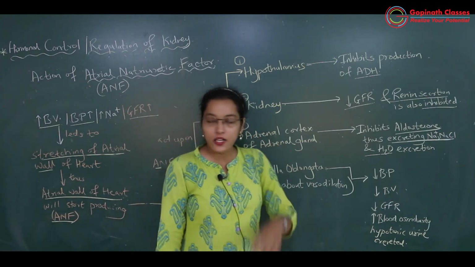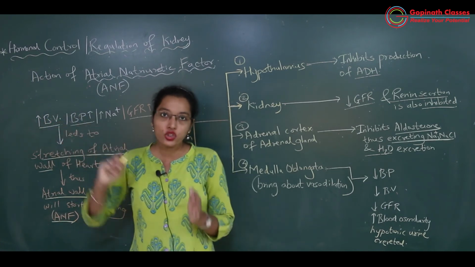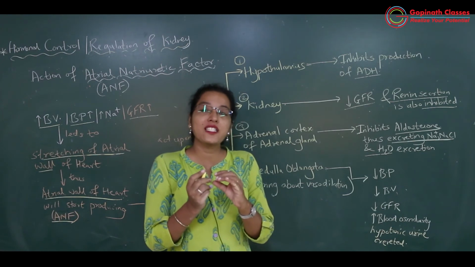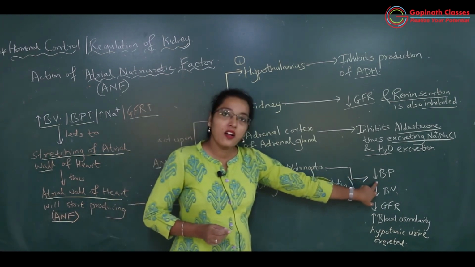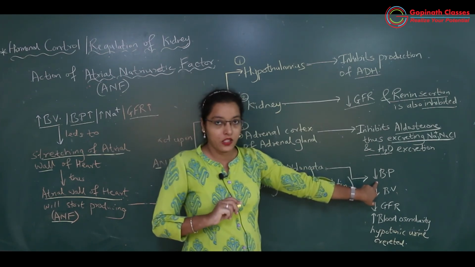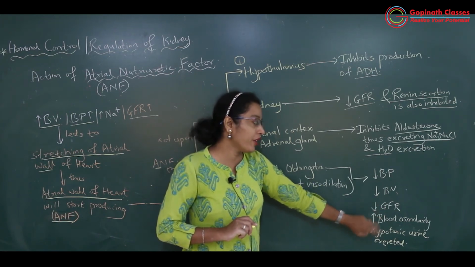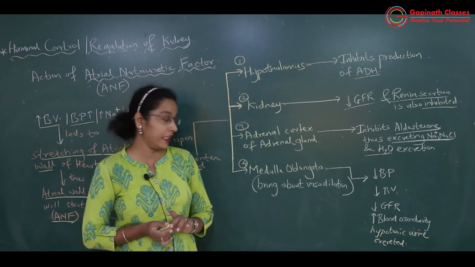Dilation क्यों करना पड़ेगा? Because blood pressure and blood volume has increased. So more blood is flowing through the blood vessels. So blood vessels का lumen increase करा तो there will be control of the BP, और ज़्यादा बढ़ेगा नहीं BP. So low BP हो जाएगा, low blood volume, low GFR and increase in the blood osmolarity.